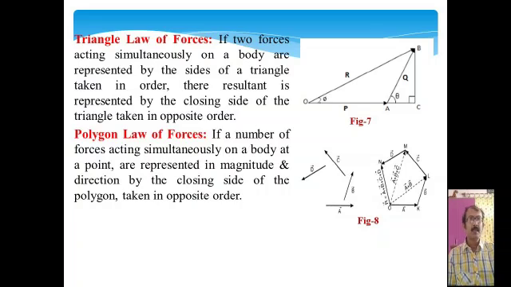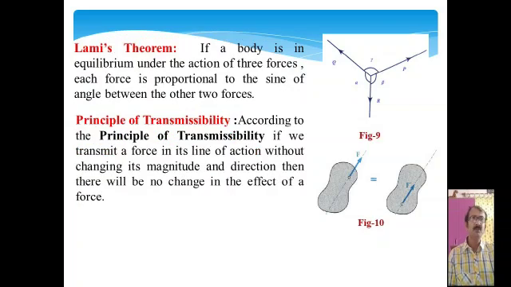Now, Lami's theorem. If a body is in equilibrium under the action of three forces, each force is proportional to the sine of the angle between the other two forces.